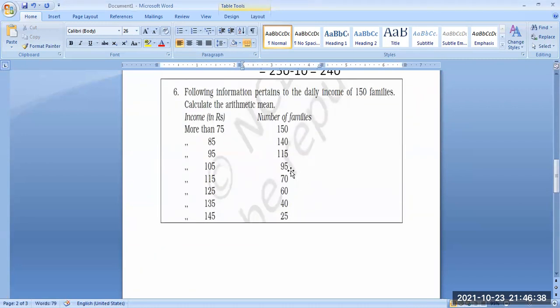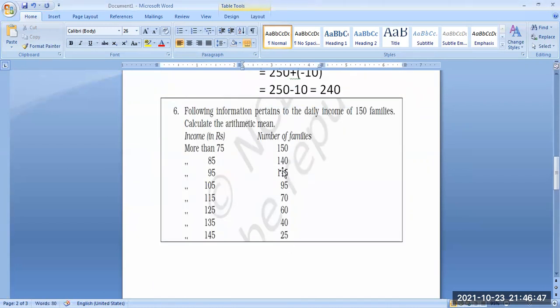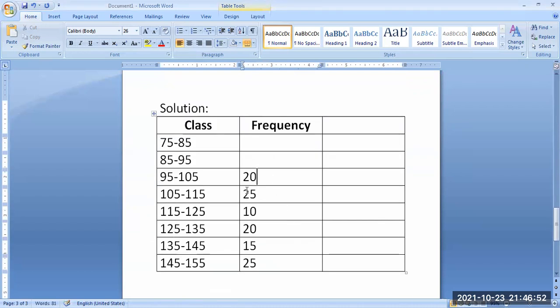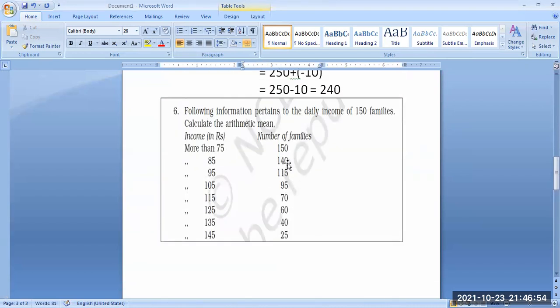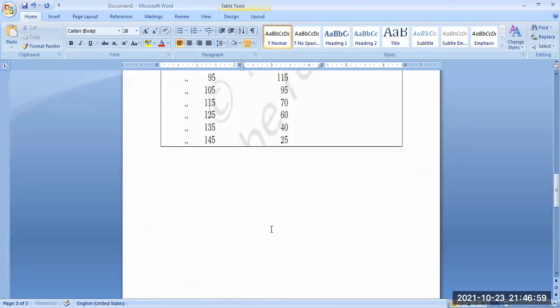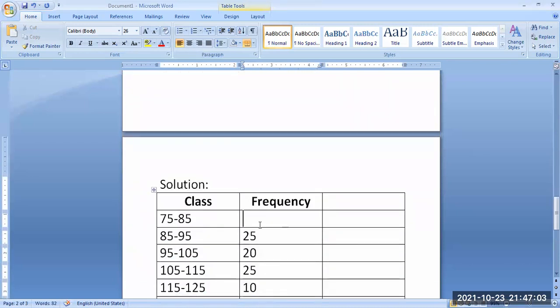After 70, 95 minus 70 is 25. Then 115 minus 95 is 20. Next, 140 minus 115 is 25. Then ultimately, 150 minus 140 is 10. Like this, you have to convert into ordinary frequency. I hope you understood.